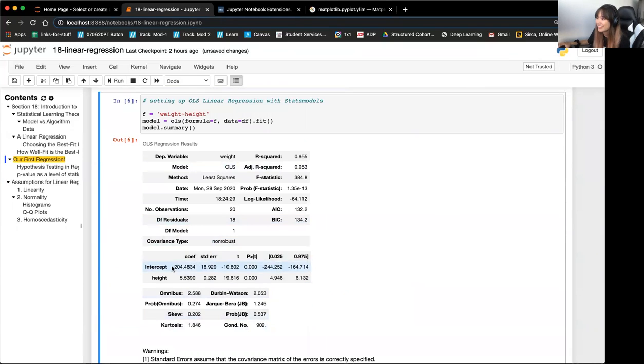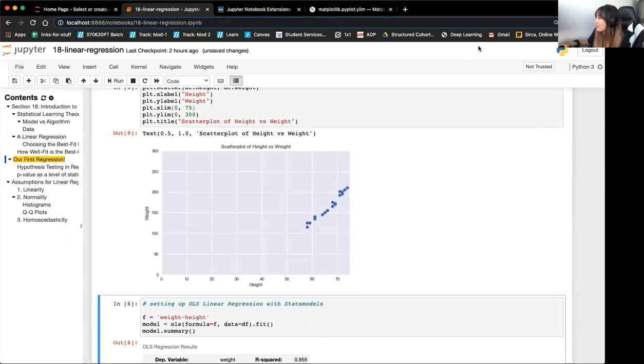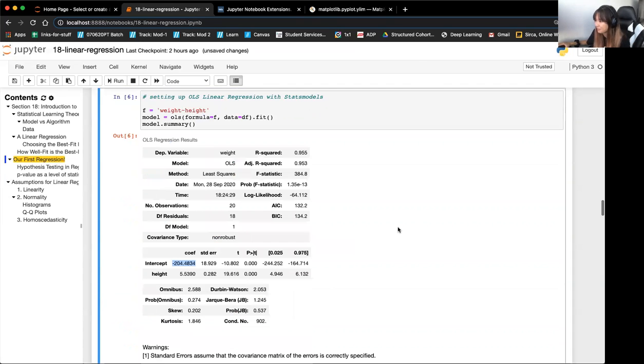Basically, this intercept means that our best fit line will cross this 0 point at negative 204. That's what an intercept is. It's a little more conceptual, abstract, because you can't have negative weight. All right, so that is that.